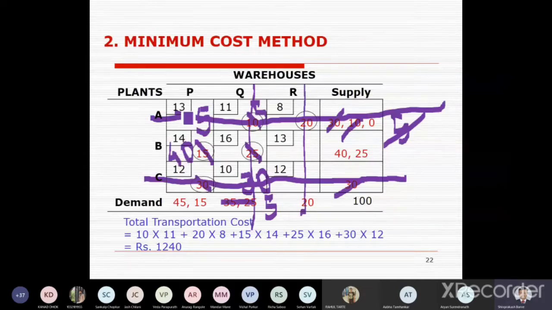This total transportation cost is 13 into 5 plus 11 into 5 plus 8 into 20 plus 14 into 40 plus 10 into 30. So you find out this cost. That will be the total transportation cost for allocating all these 100 units. 100 units are manufactured and 100 units are transported to the 3 warehouses, that is P, Q, and R.